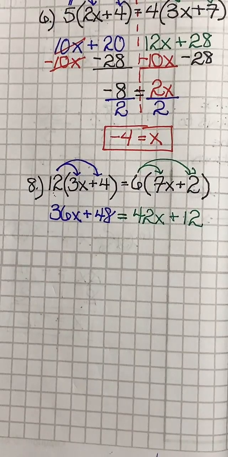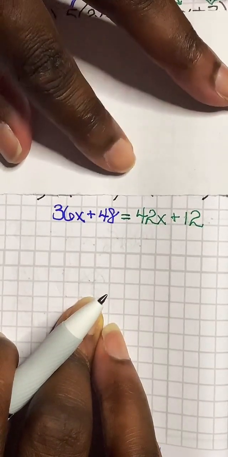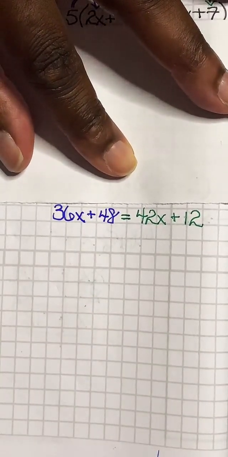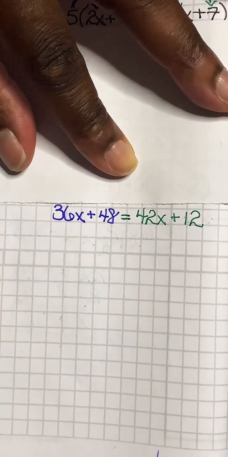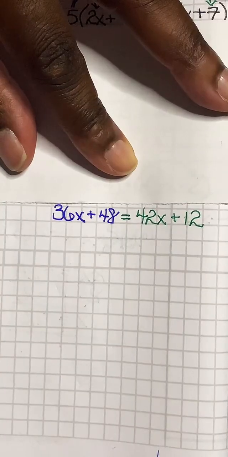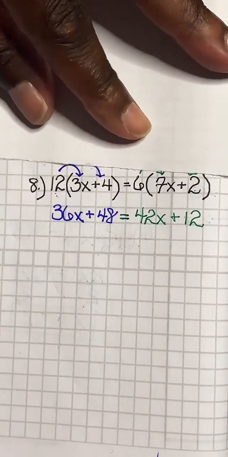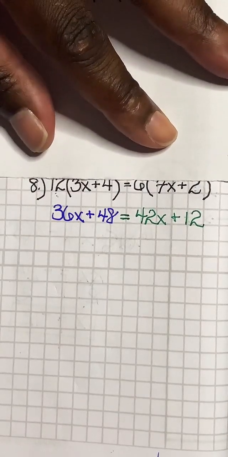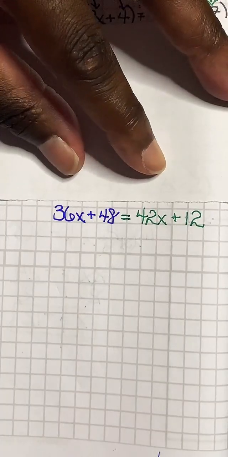Now, let me cover this part up so it won't get too overwhelming. So now I want to get all my x's on one side. Just divided both sides by 6 in the first step. No. Okay, it's okay. I mean, you can.